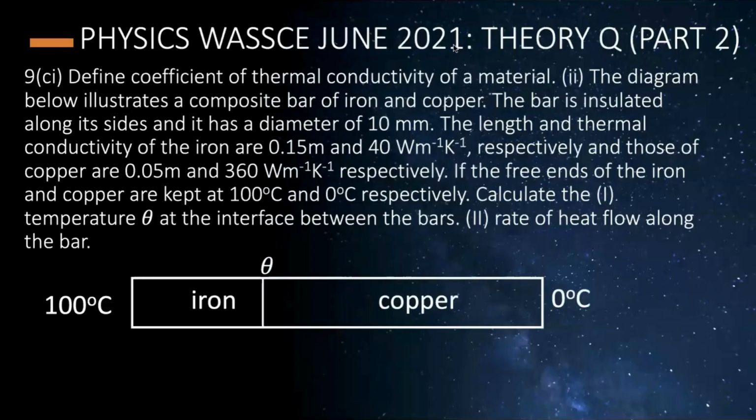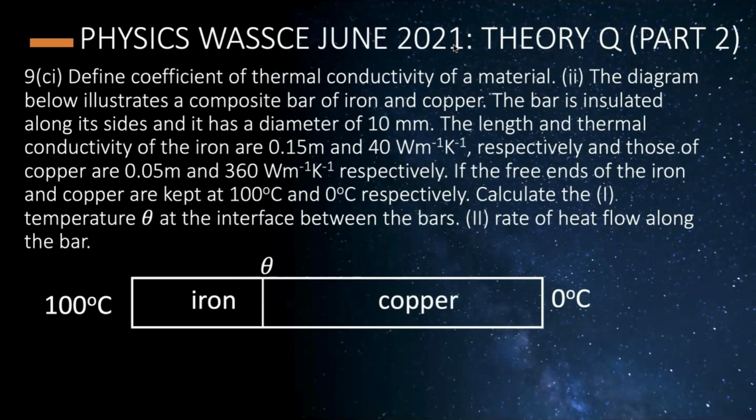So here is the question, and I will read. Define the coefficient of thermal conductivity of a material. 2, the diagram below illustrates a composite bar of iron and copper. So this is a bar that has two different parts. One is made of iron, one is made of copper.